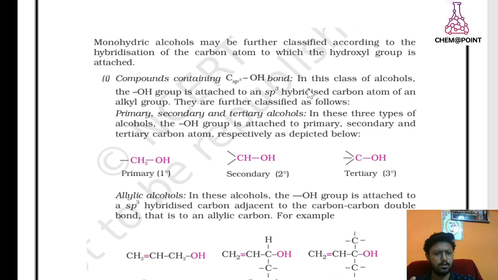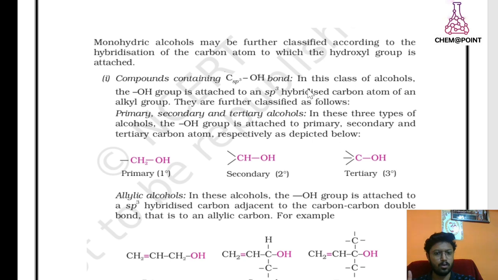CH2OH is a primary alcohol, CHOH is a secondary alcohol, COH is a tertiary alcohol. Dear students, all of you know that carbon has 4 bonds. Do you understand my point?